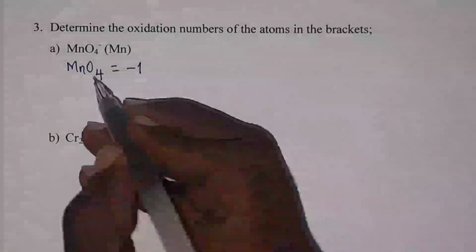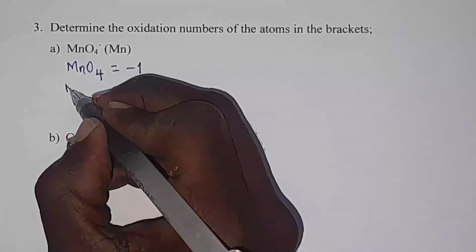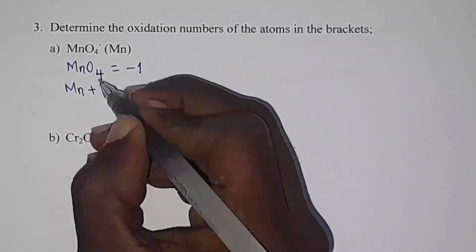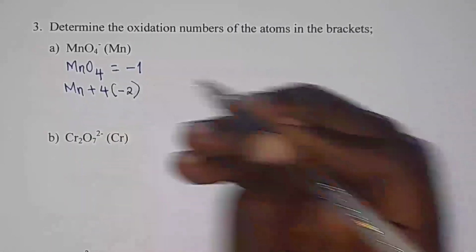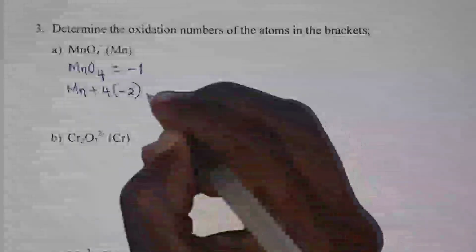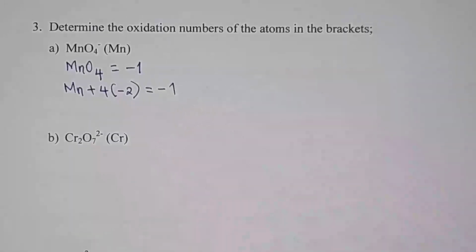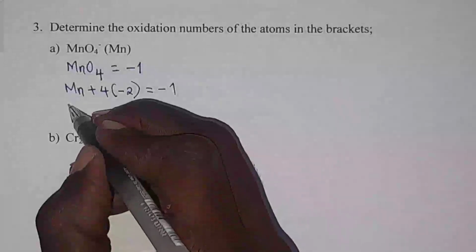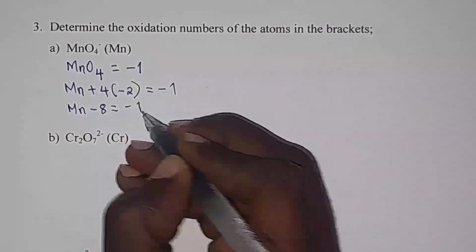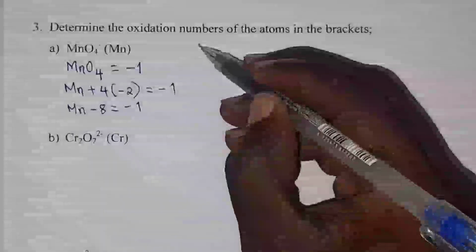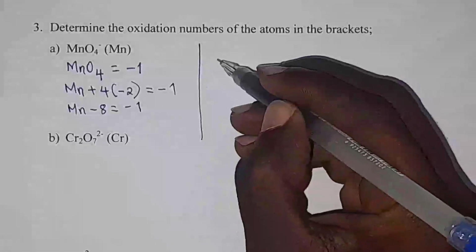So we don't know the oxidation number of Mn plus we have 4 of oxygen. We know the oxidation number of oxygen is -2. We close the bracket. That will give us -1. So let us remove the bracket. Mn minus 8 will be equal to -1. So thereafter, we are going to collect the like terms.